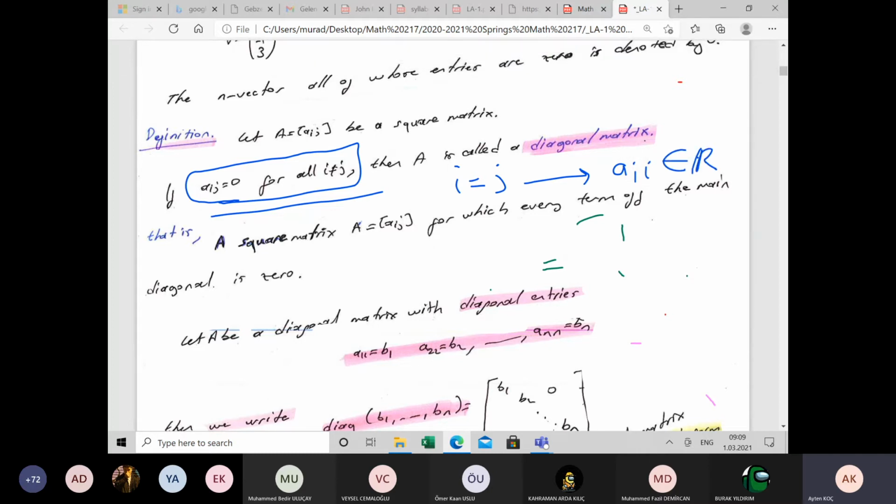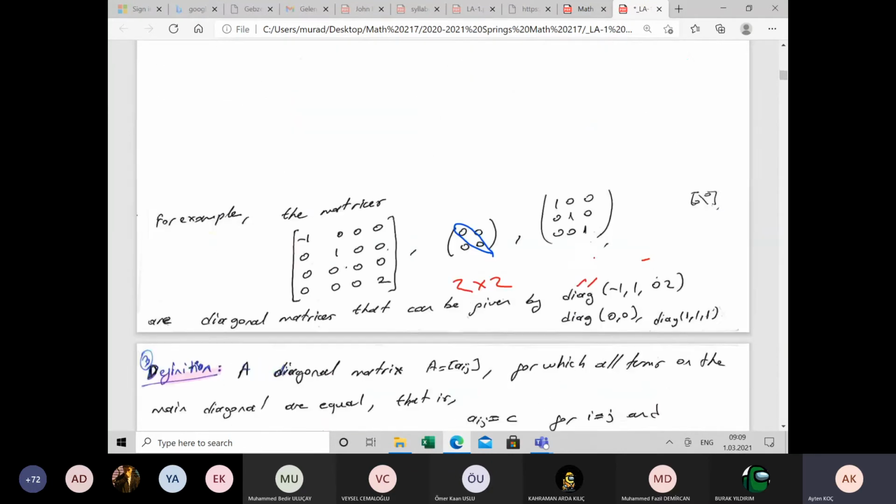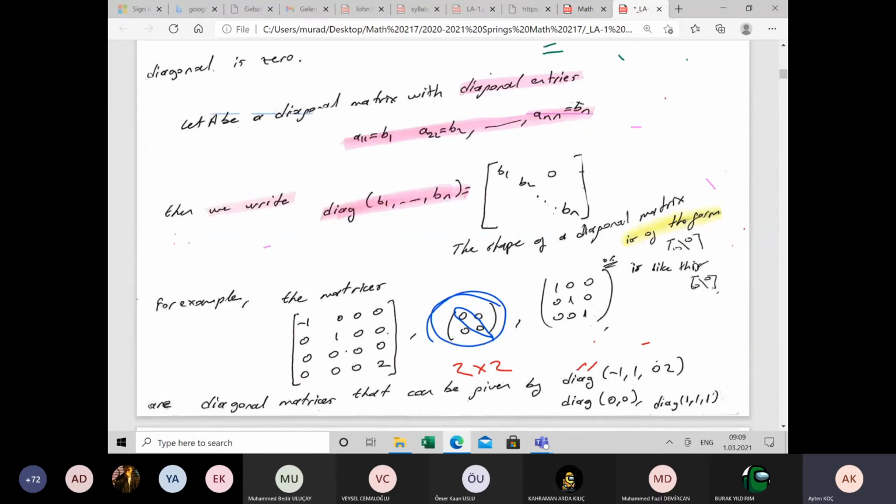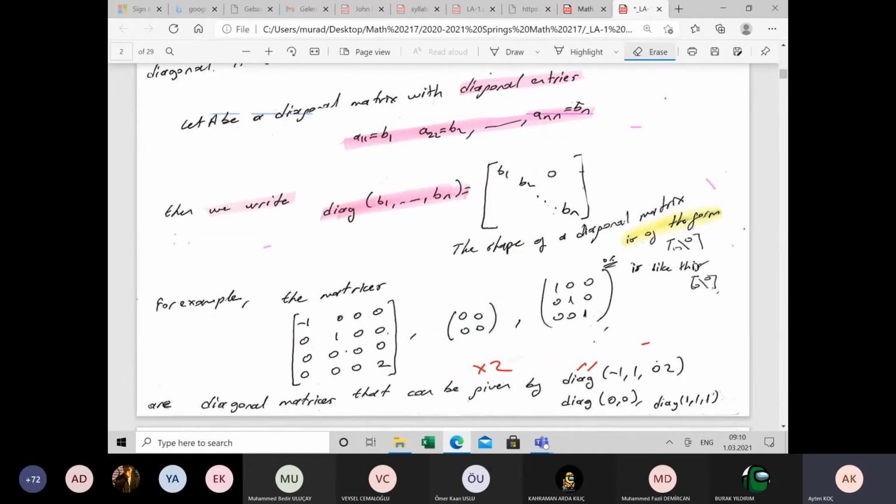It's okay? This real number may be 0, maybe not. Our condition is that for i different from j, the entry should be 0. If i is j, it is any real number. So this one is a square matrix and also a diagonal matrix.